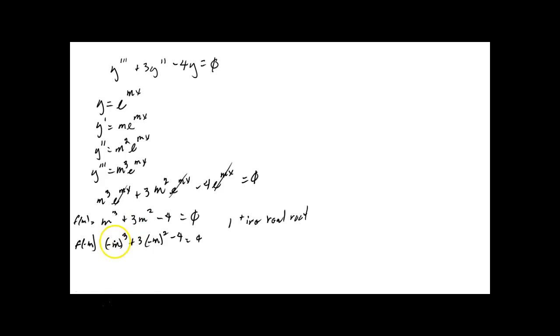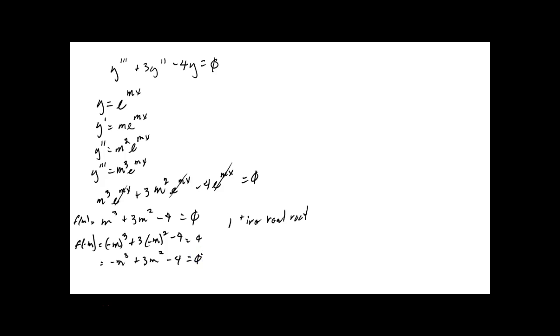When you cube a minus m, you get minus m cubed, because minus m times minus m is plus m squared, times another minus m would be a minus m cubed. Any odd power keeps the minus sign, and an even power doesn't. So this one would be plus 3m squared because that's an even power, so you don't change the sign of that. And then the last one's a minus 4 equals 0.